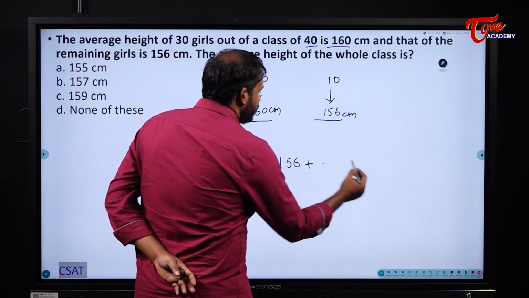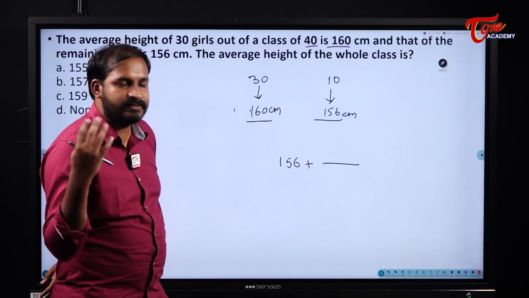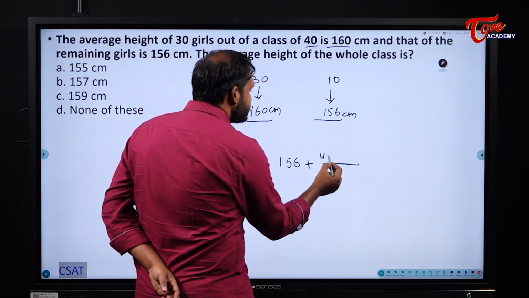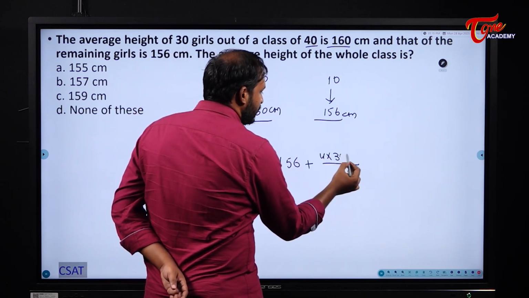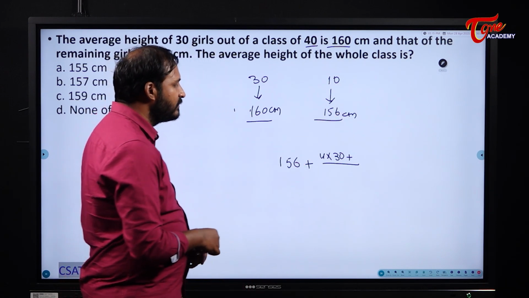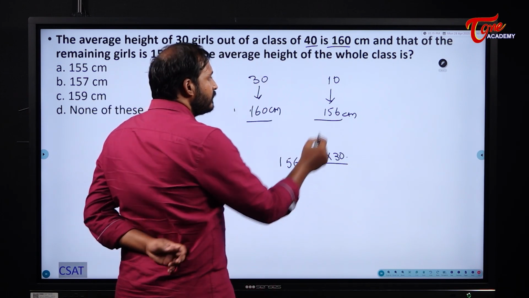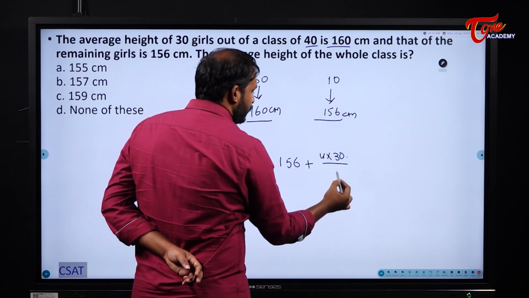Now, when I compare 156 with 160, how much is more? 160 is more than 156 by 4. And with how many students? 30 students. So 4 into 30, plus this is not required. When I compare 156, it will become 0 anyway, so no need to worry, we don't require that one. Divided by total strength, how much? 40.